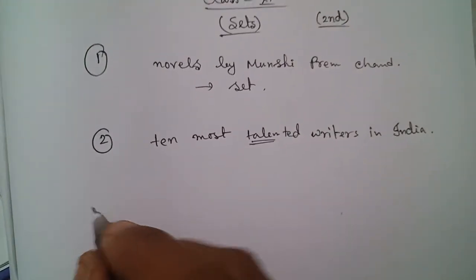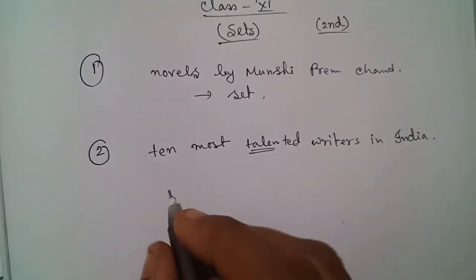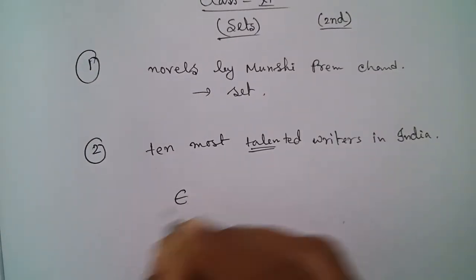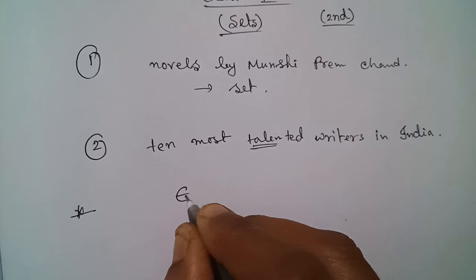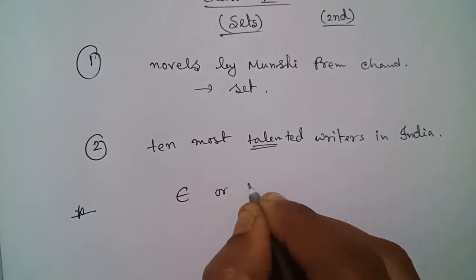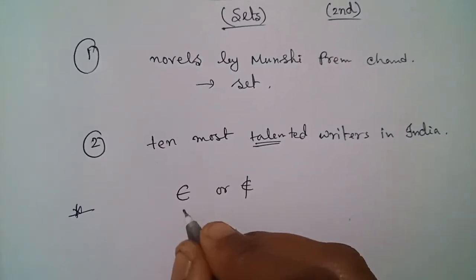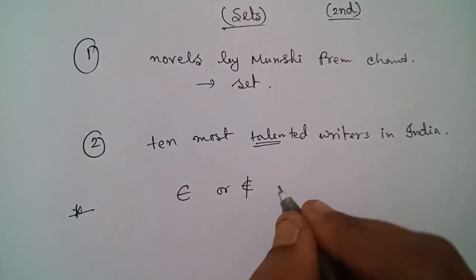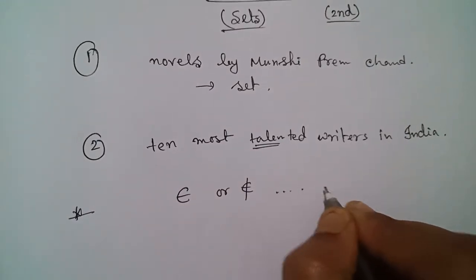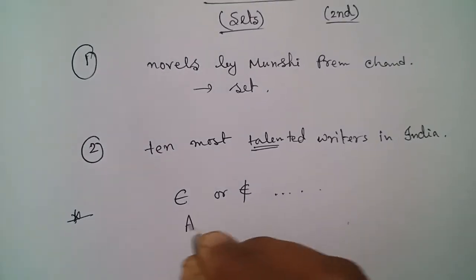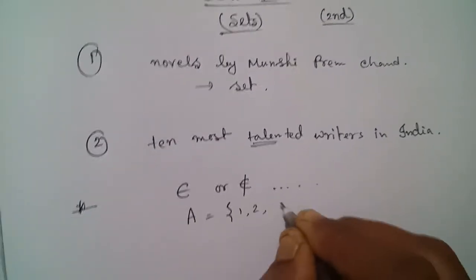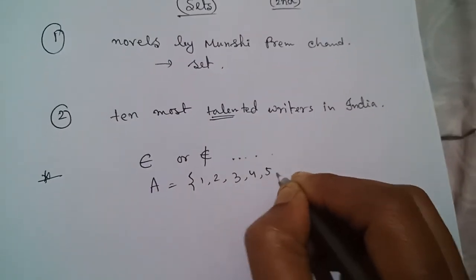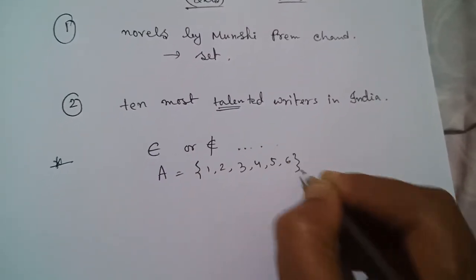The next question is, you have to put either this sign or this sign, that means belongs to or doesn't belong to, in the blank. Suppose A equals 1, 2, 3, 4, 5, 6.